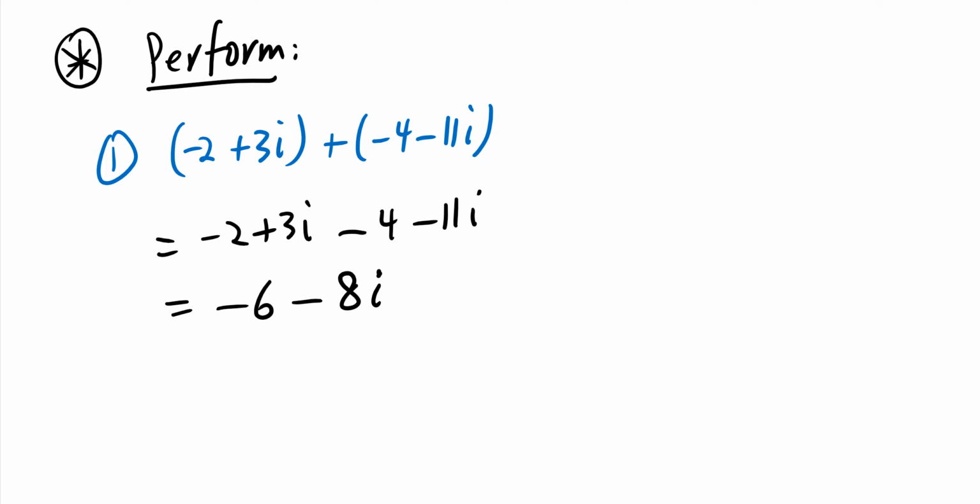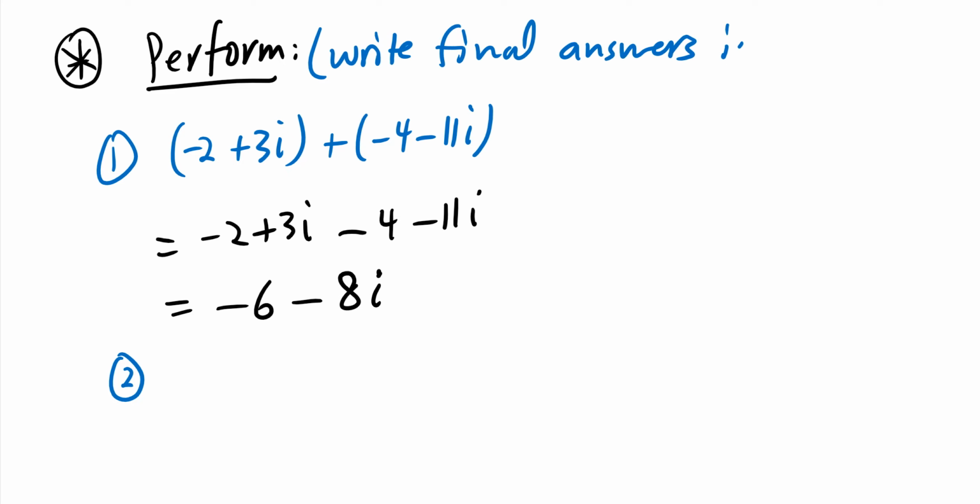So what you do is you just combine like terms. Think about i as an x. You add the numbers together and the x's together. And then notice how I wrote the final answer in standard form, a plus bi. So write final answers in standard form.